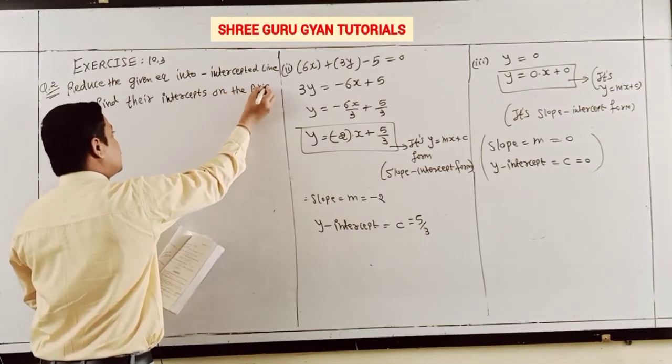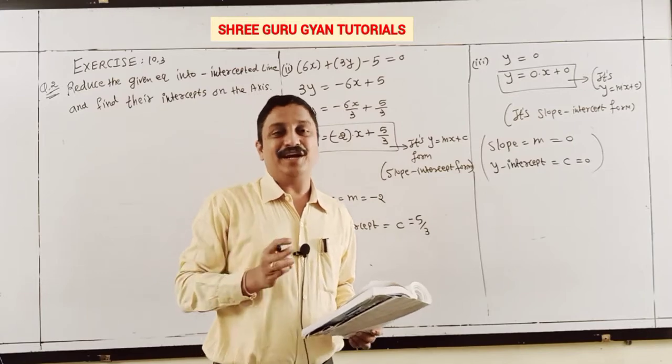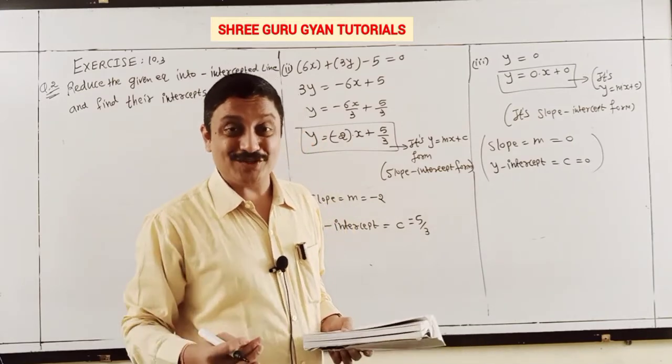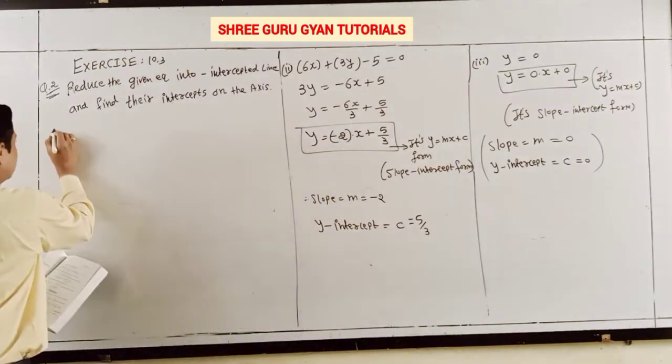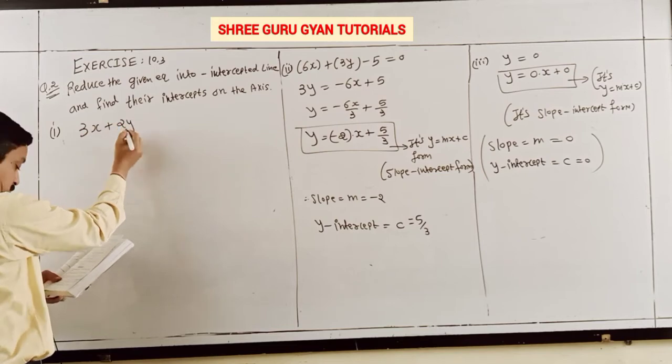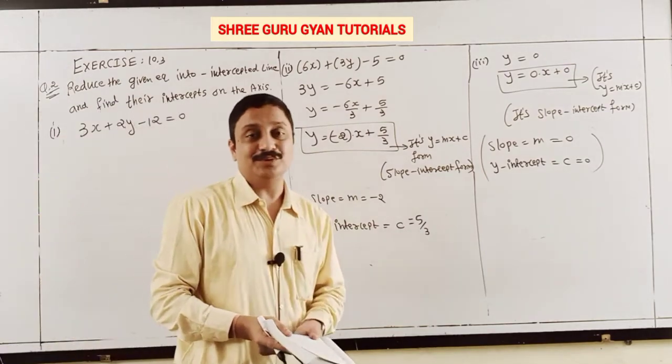Here also there are three questions. Our intercept form of a line, you know, is x upon a plus y upon b is equal to 1. My first question is 3x plus 2y minus 12 is equal to 0.